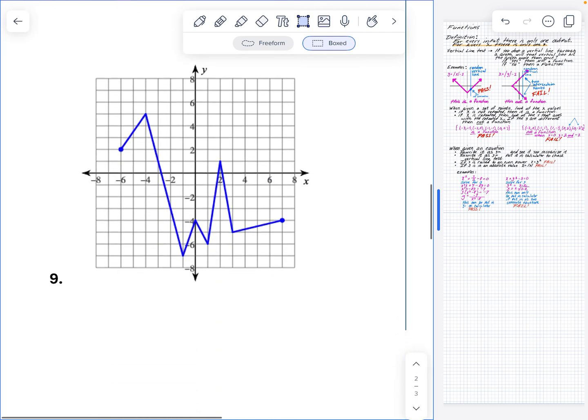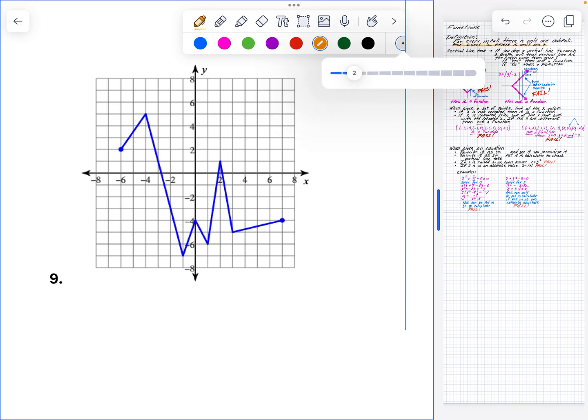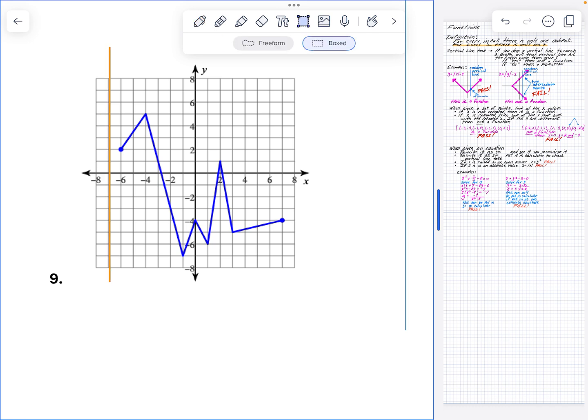This one, however, let's see if we drop a vertical line on this one and move it across. It only hits once there, once, changes direction. It still only intersects once at a time.